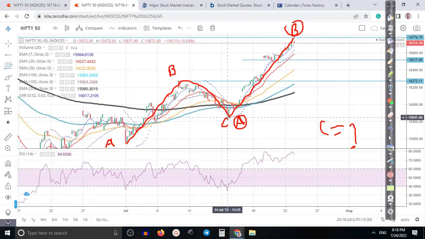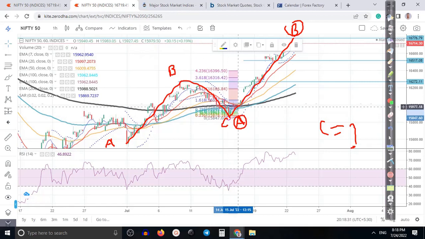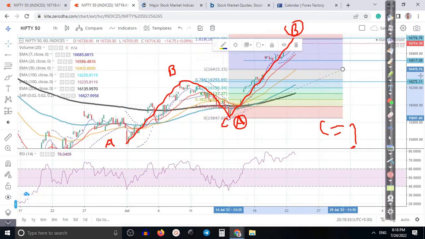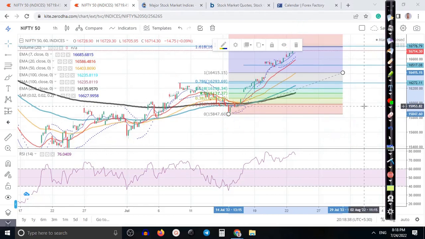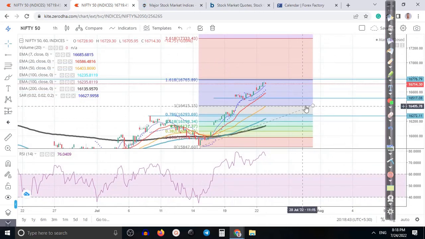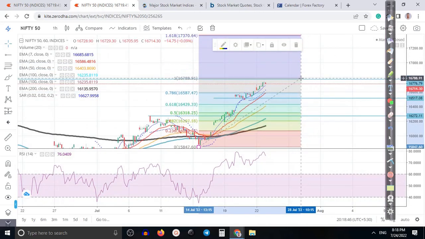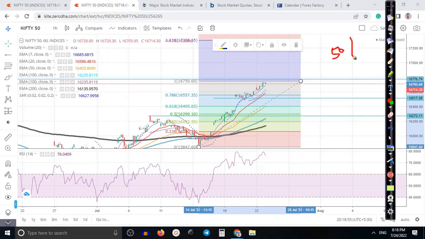Let me connect this A point. Now connect this B point. Let me remove this one. So just use the B point and find out where the C point is forming. The important Fibonacci levels are the 50% retracement and the 61% retracement.